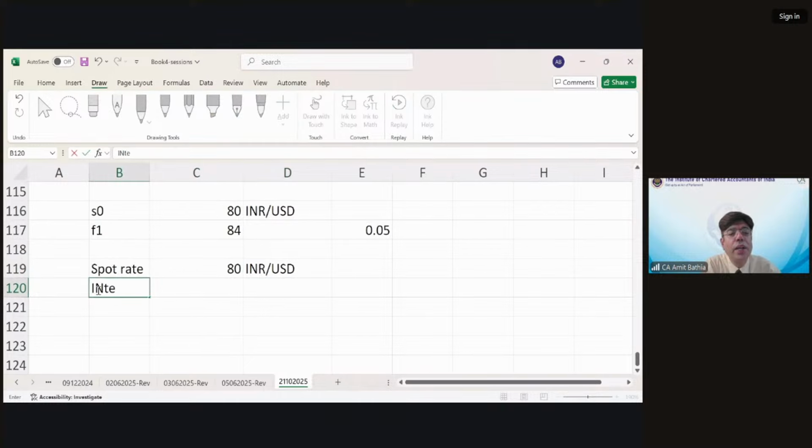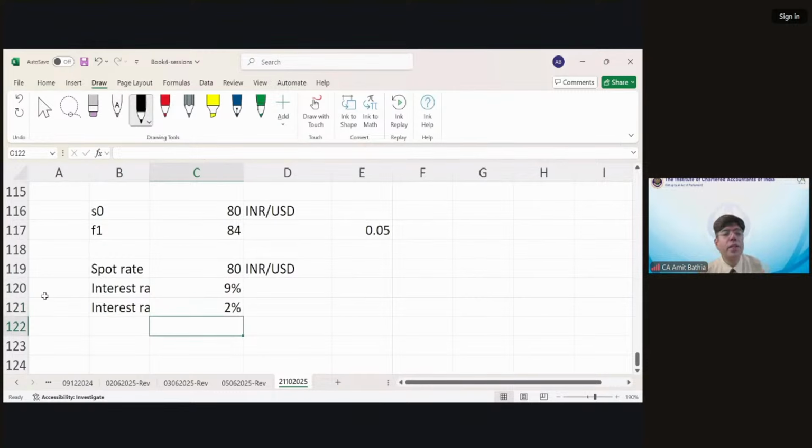I am told the interest rate for INR and the interest rate for USD. Say, for example, the interest rate for INR is 9% and the interest rate for USD is 2%. This is the interest rate, right?